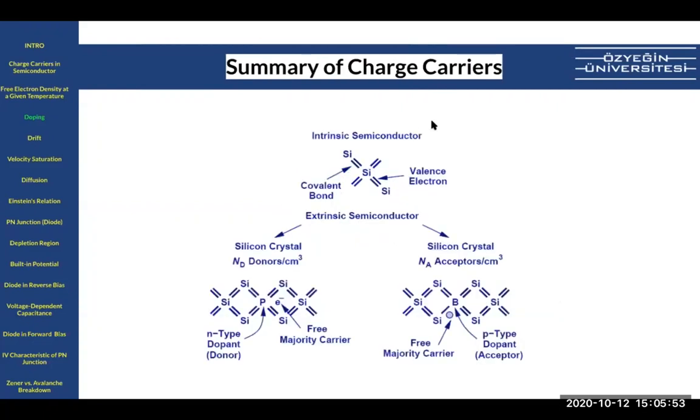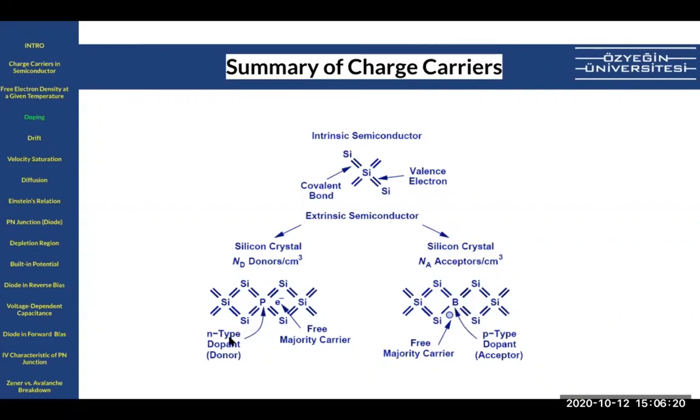To summarize these charge carriers, we can dope silicon with different materials. If we dope it with, let's say in the periodic table, 5, 6, 7 structures, we'll have more electrons flowing. But if we dope it with 1A, 2A, 3A, then we'll have more holes in the structure.